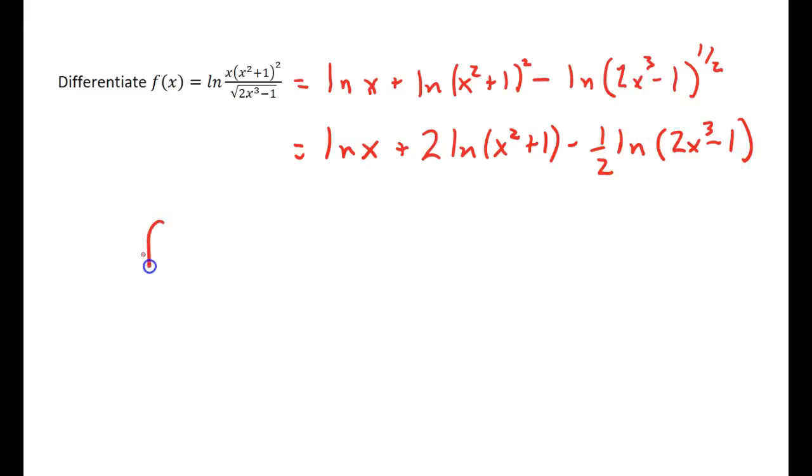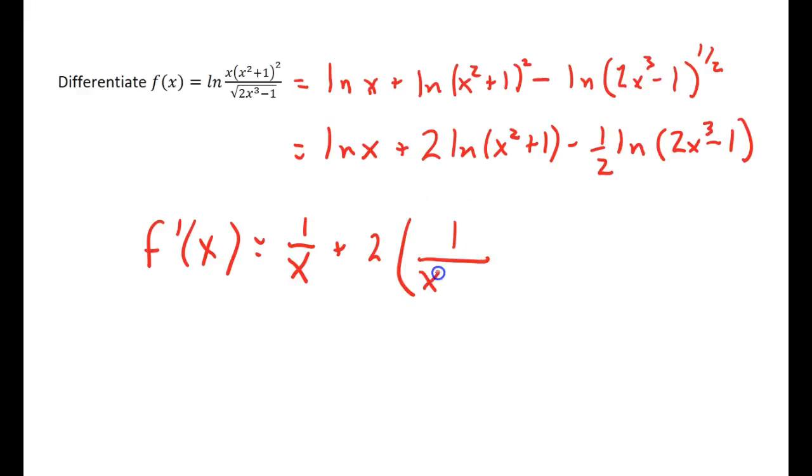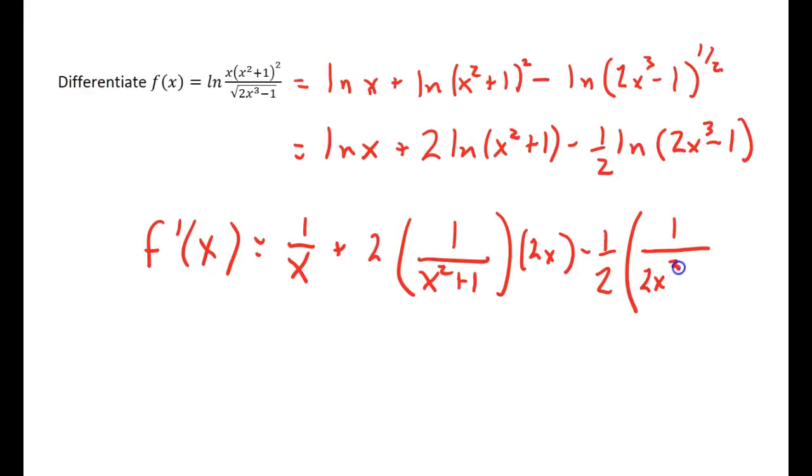And now we're ready to take the derivative. So the derivative of the natural log of x is 1 over x. That's our basic rule. And then this is going to be 2 times 1 over x squared plus 1 times the derivative of x squared plus 1, minus 1/2 times 1 over 2x cubed minus 1 times the derivative of 2x cubed minus 1, which is 6x squared.